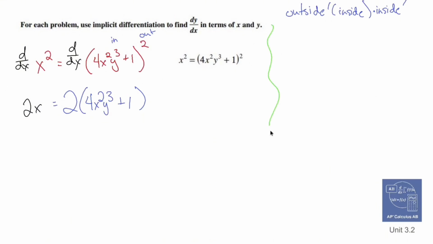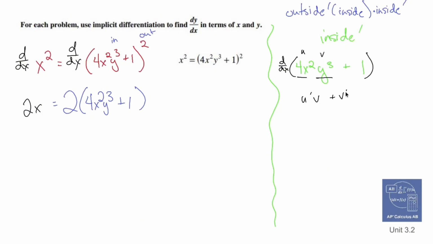I'm going to create my own section over here to do the derivative of the inside stuff because it's not going to be pretty. The inside stuff was 4x squared y cubed plus 1. Taking the d/dx of that, taking the derivative with respect to x, has me saying, ugh, that's product rule. u would be 4x squared, v would be y cubed, so I need to do u prime v plus v prime u.